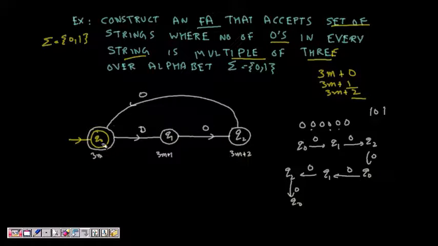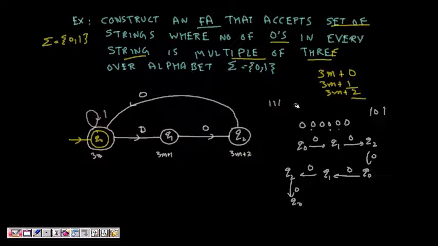If I see a 1, it isn't making any difference in the count of 0. So if you see 1 1 1, still no zeros are there, so it will remain here. It was in no zeros or a 3m kind of count for 0, so I will remain here.